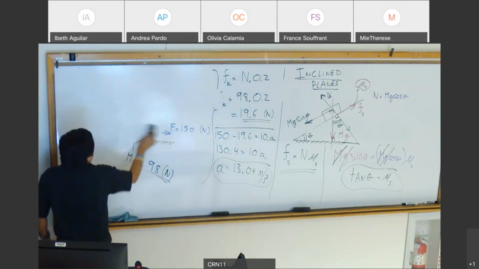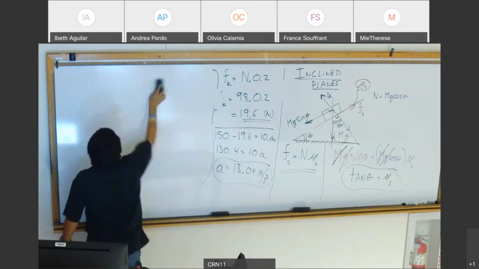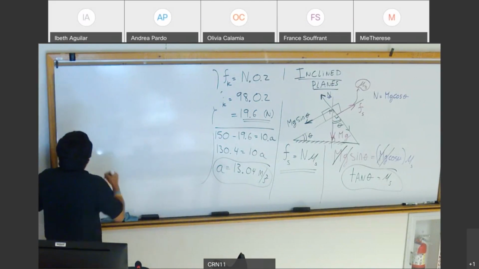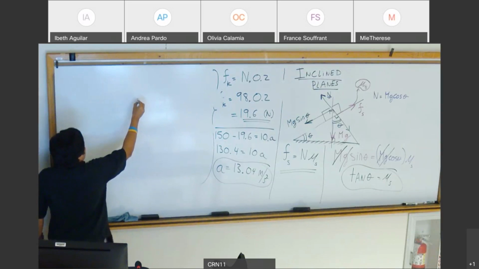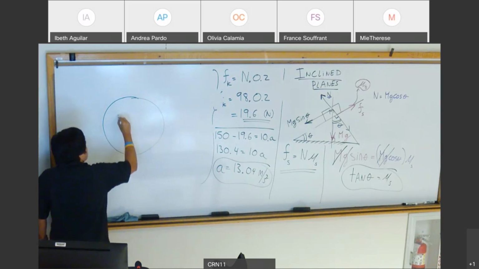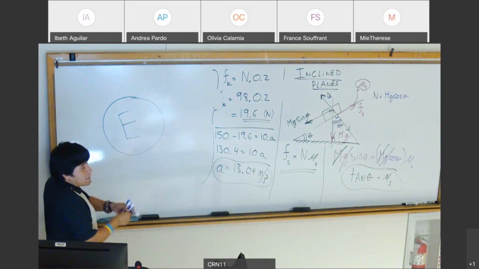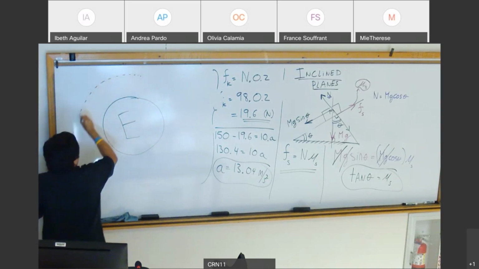So now we know that objects like the sun, the Earth, and other planets, or the moon, have a gravitational pull, right? So let's say we have the Earth, and we have an artificial satellite going around.